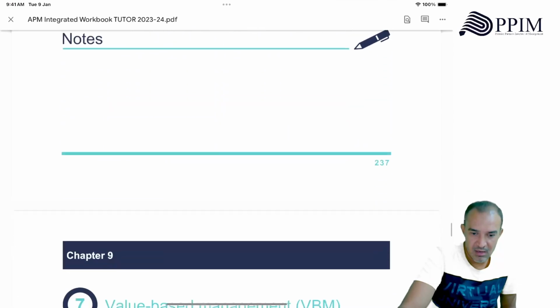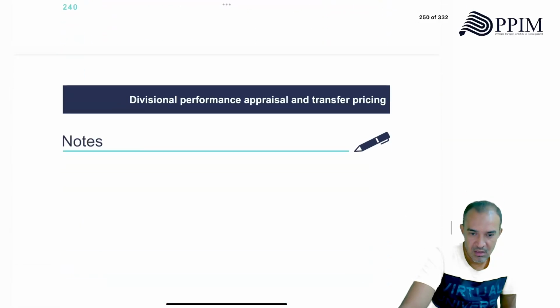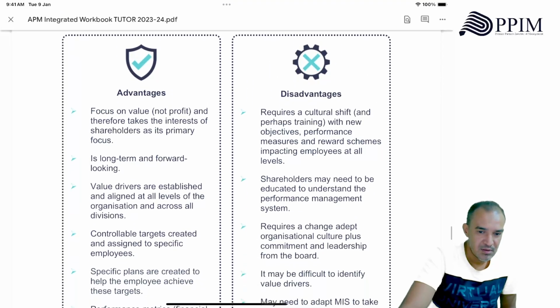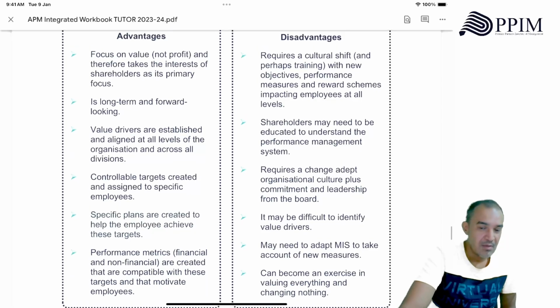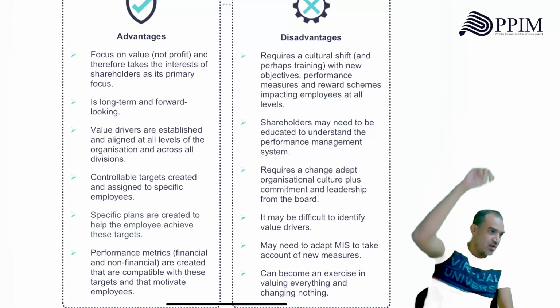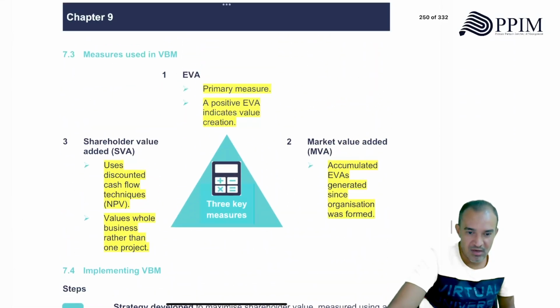So then we need to go here. VBM evaluation, not EVA evaluation. No? Some part of EVA evaluation is also applicable because EVA is part of what? VBM. Right? When you say VBM, all three will come into play.